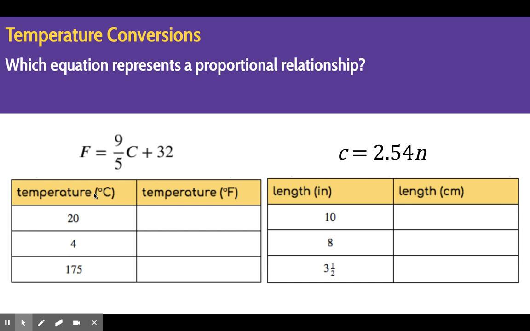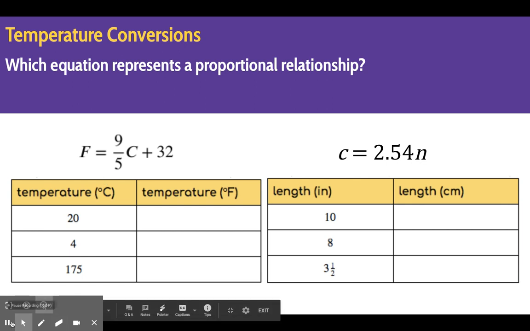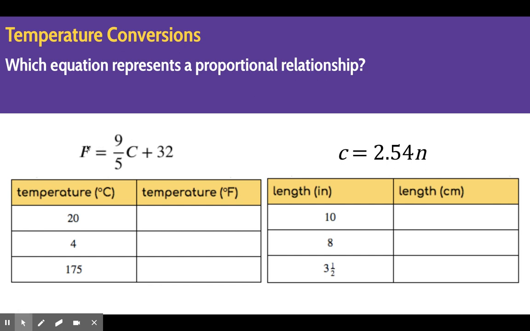So for instance, let's look at the first table. This first equation, even though it looks a little difficult, it's not. It's just the equation for Fahrenheit and Celsius. So F equals 9/5 C plus 32.